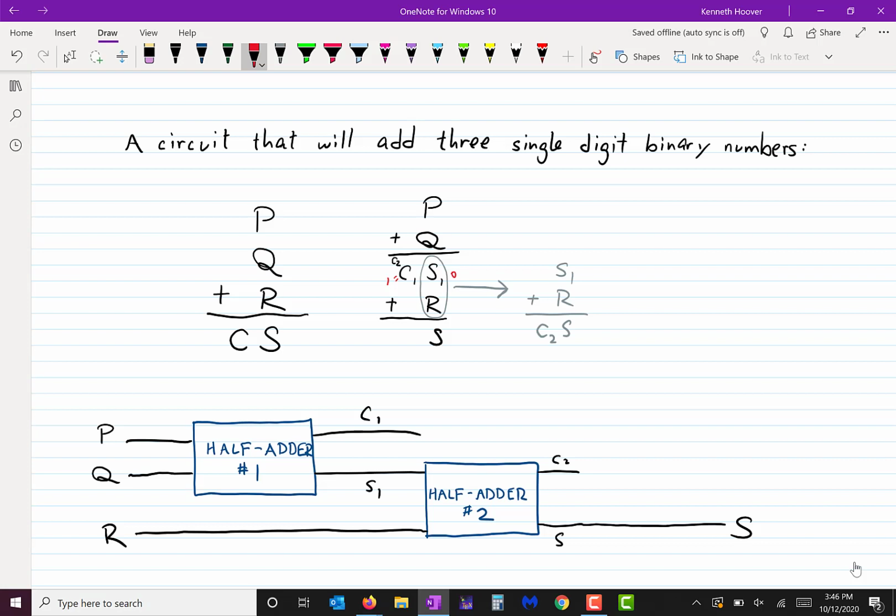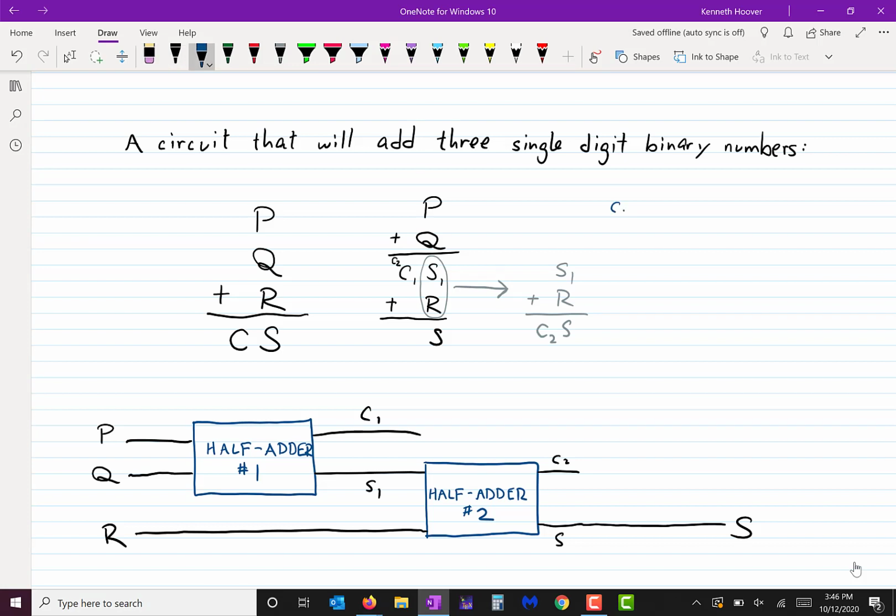But if S1 is a 0, then whether R is 0 or 1, either way, C2 would be a 0. You have to think about this. It's not obvious, okay? So I'm going to say it again, but you're probably going to have to just think about it, okay? And let me write this stuff down, okay?